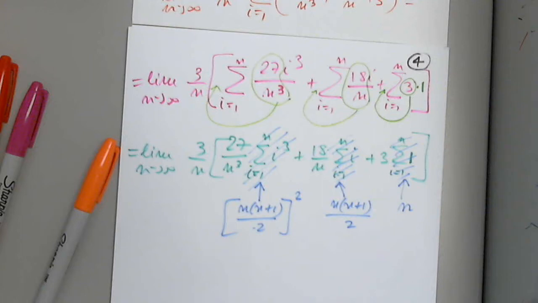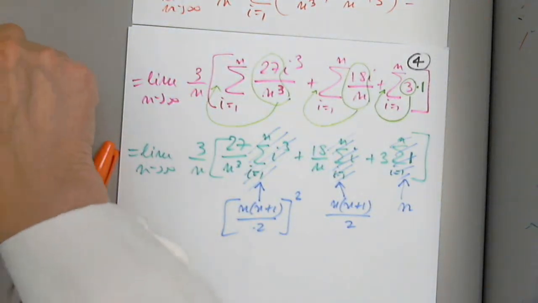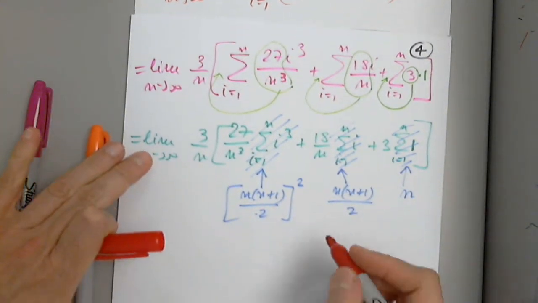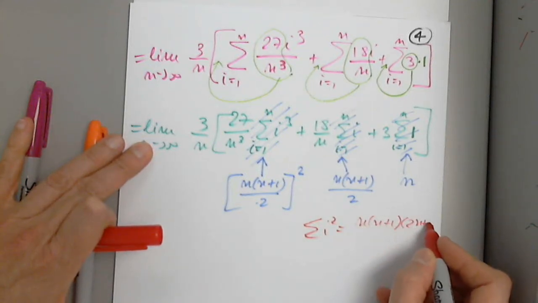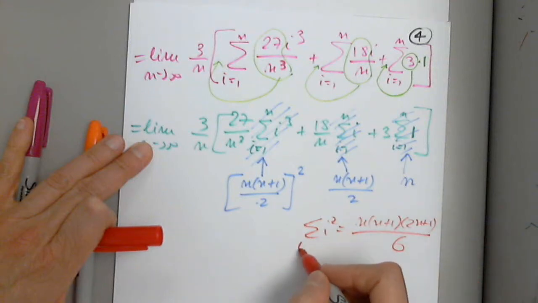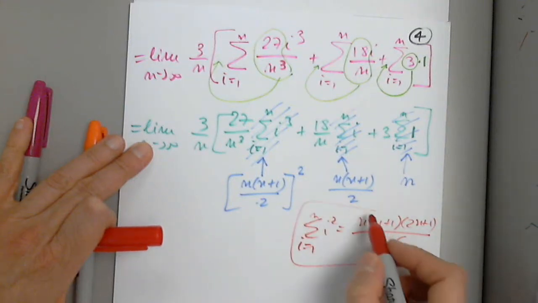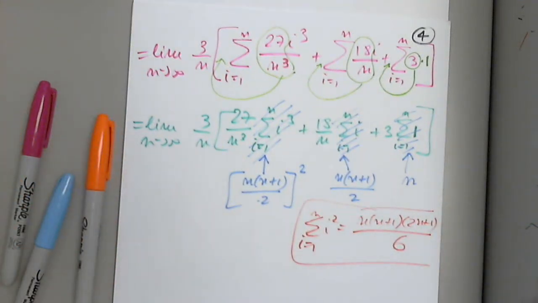So let me write it on the side, but this does not come into play for this problem. We don't have any term with i squared.